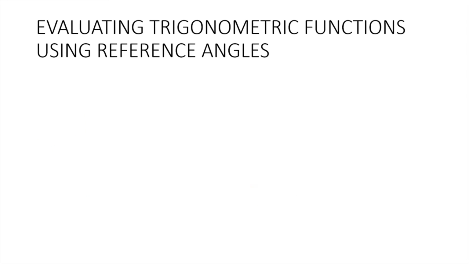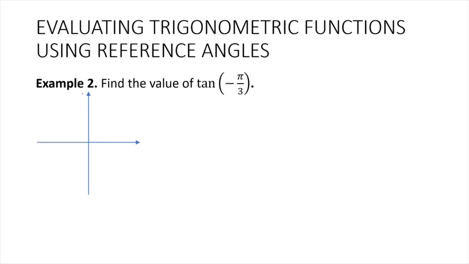Next, let's determine the value of tangent of negative pi over 3. So Cartesian plane, y-axis, x-axis, the vertex. We have here a negative angle, so the rotation should be clockwise from the initial side. We have here negative pi over 3. Pi over 3 is between 0 and pi over 2.